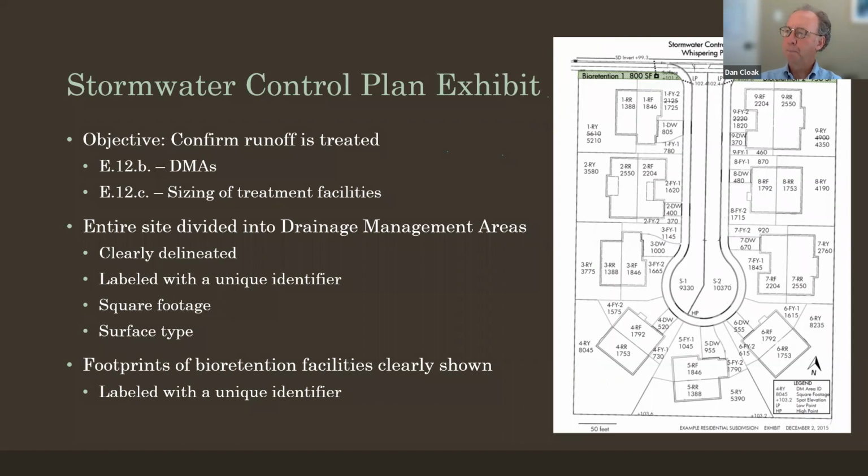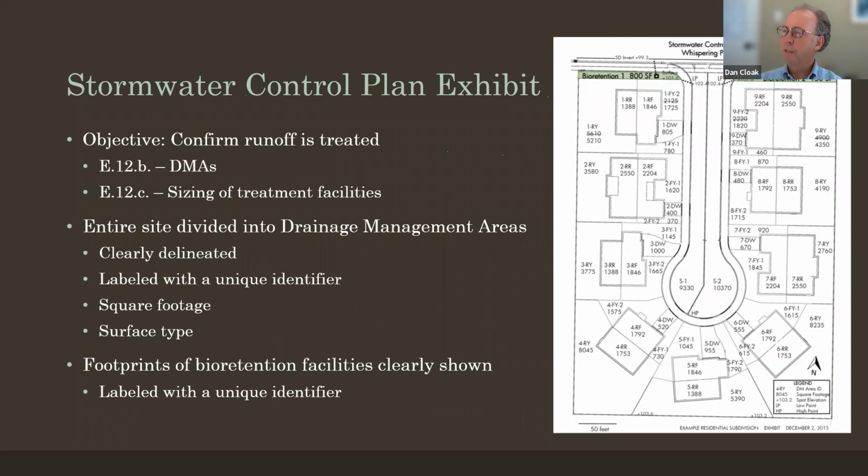Drainage management areas should be assigned to every area within the site. It's best, and really pretty much required, that each different type of surface, whether it's impervious roof, pavement, or landscape, is a separate drainage management area.